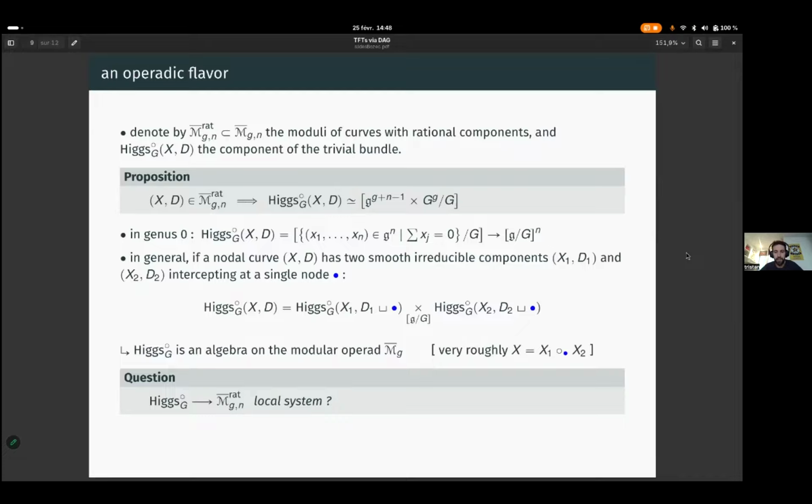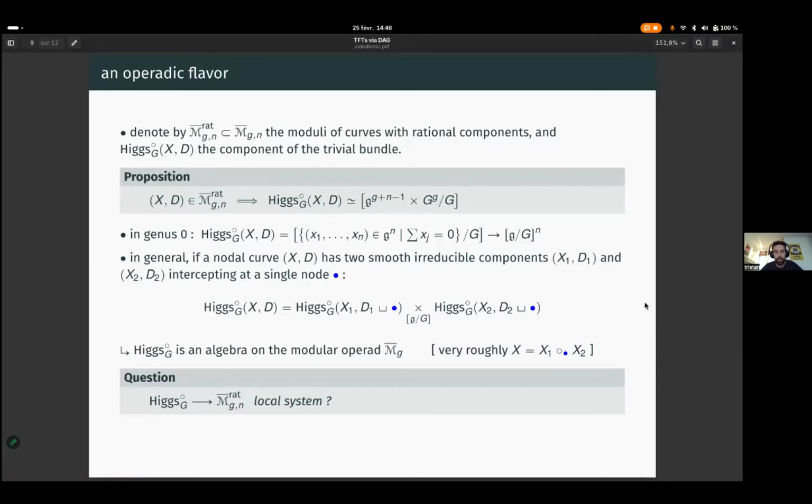When I have two genus 0 marked curves and a prescribed marked point on each of these two curves, I can just compose these at the specified marked points, which is blue here, and I get a new nodal curve.